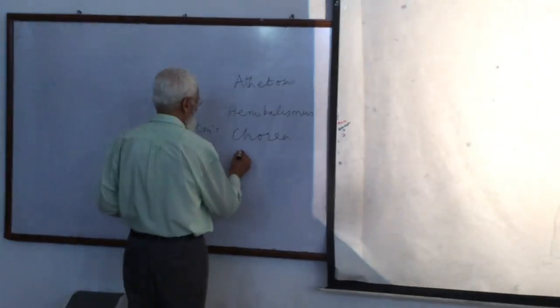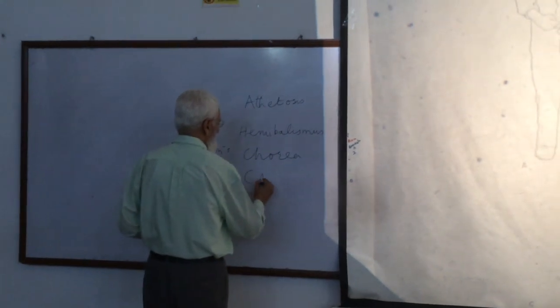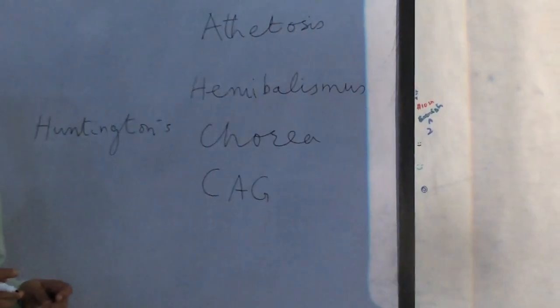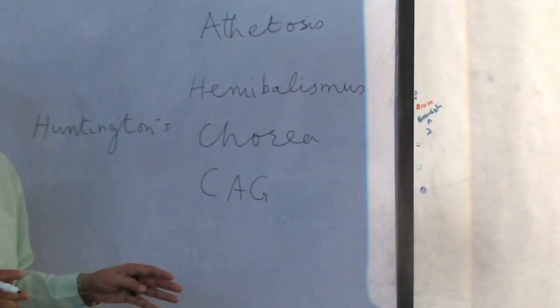I mentioned that chorea is a hereditary disease. There is an abnormal gene in which the codon CAG is repeated many times.